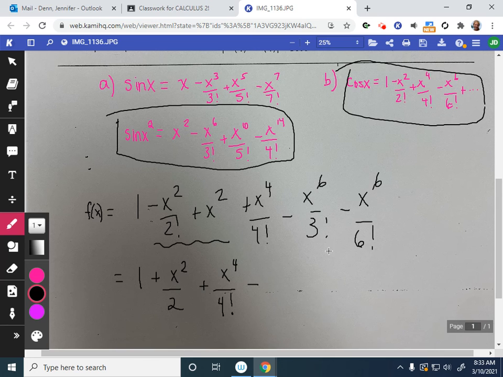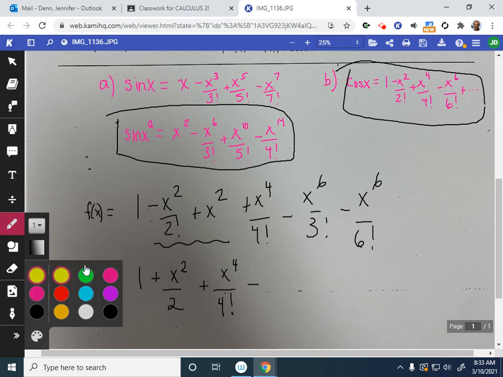Minus, I have to put these two together. So I'm going to just, for myself, say I have negative 1/6 x to the sixth minus 1 over 6 factorial, which is 720. So I've got to add negative 1/6 and negative 1/720.